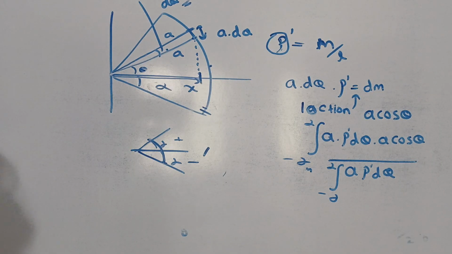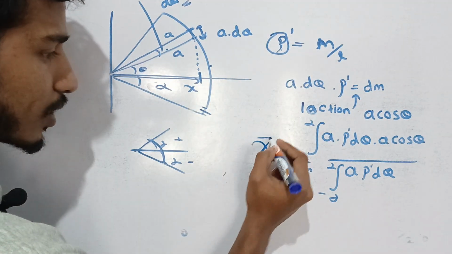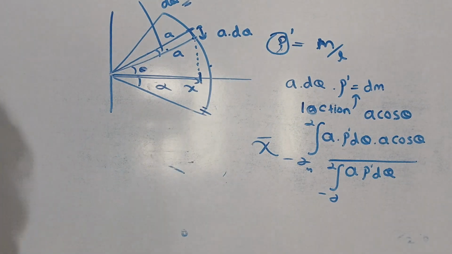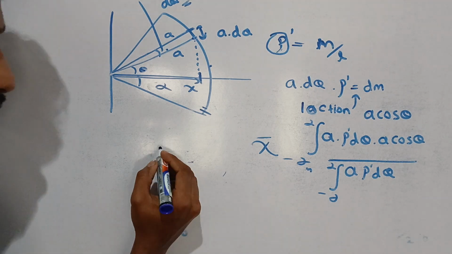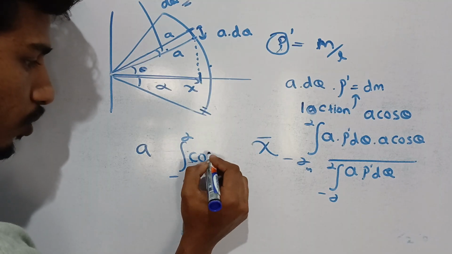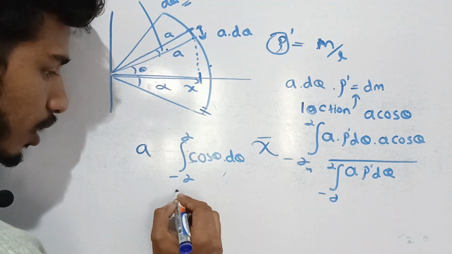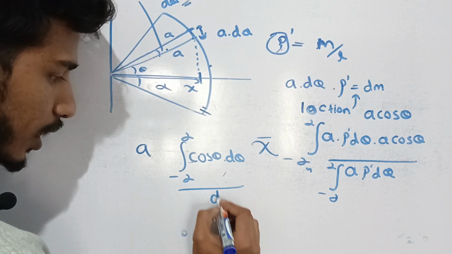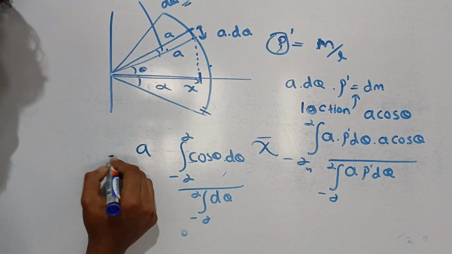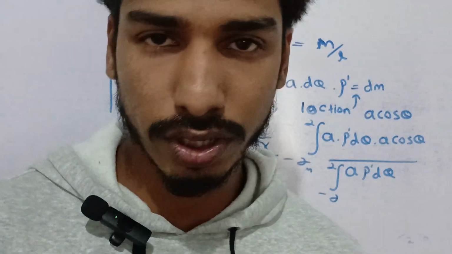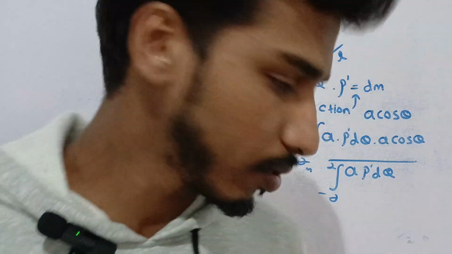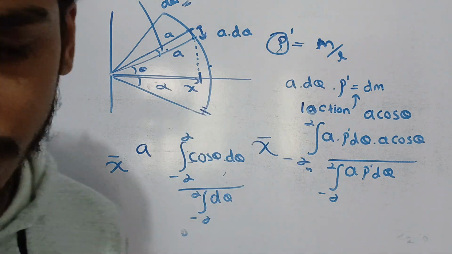So this will be my center of gravity equation, and the uniform density can be canceled off. Eventually we have A times the integration of cos theta d theta from minus alpha to alpha, divided by the integration of d theta from minus alpha to alpha. The integration of cos theta is sin theta and the integration of 1 d theta is theta.